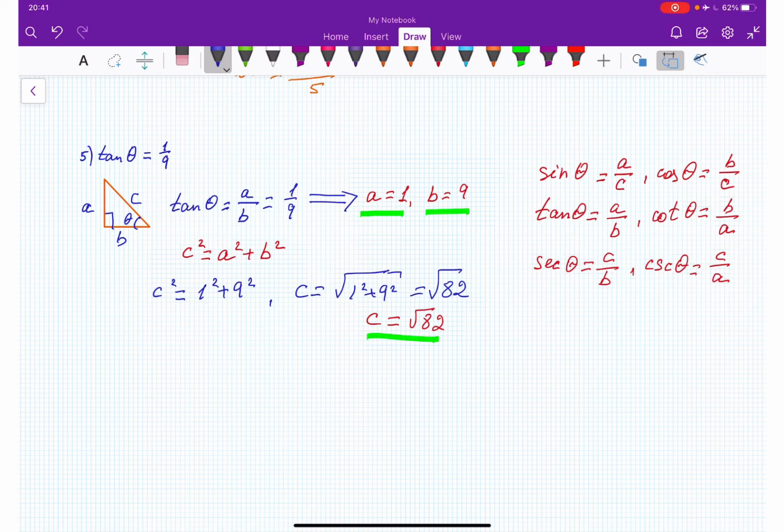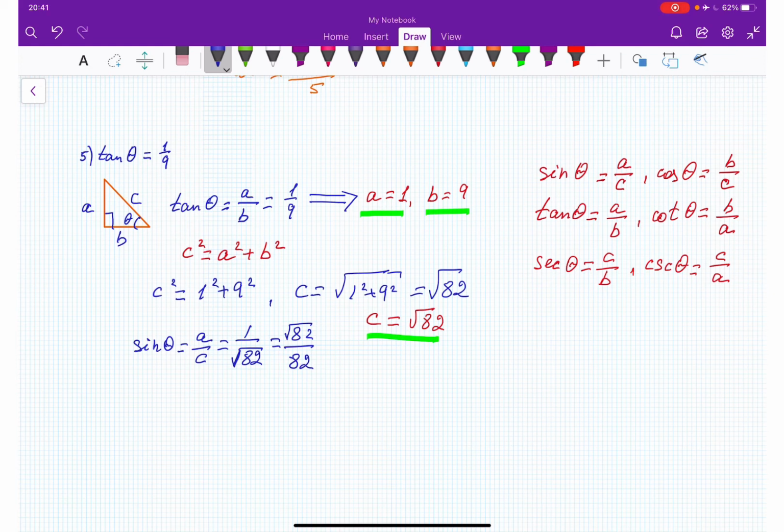So let's get going. Sine theta is going to be equal to A over C, which is 1 over the square root of 82. And that is equal to the square root of 82 over 82.